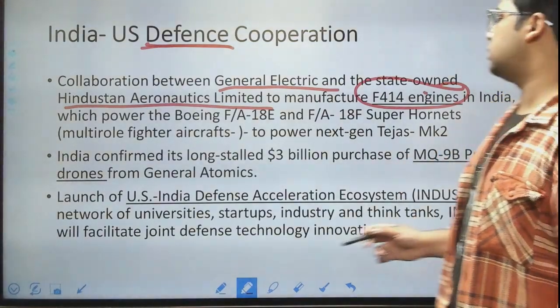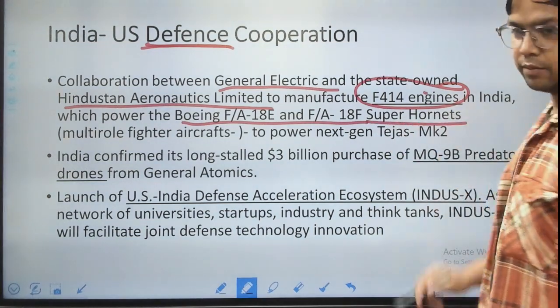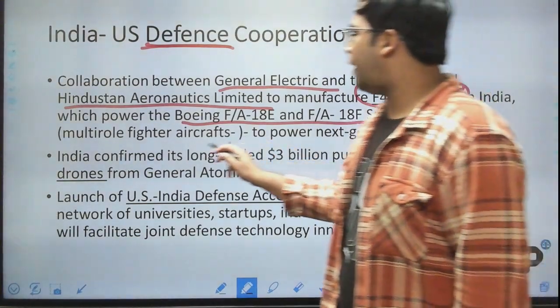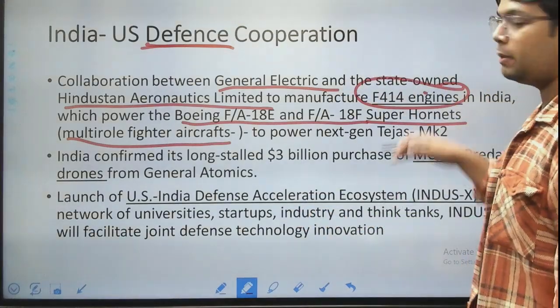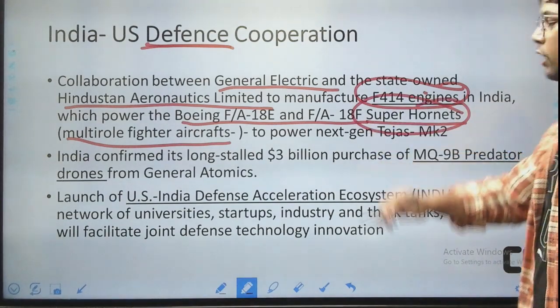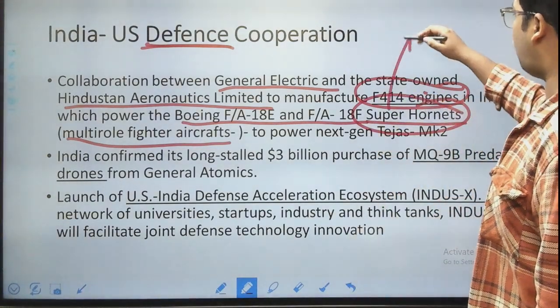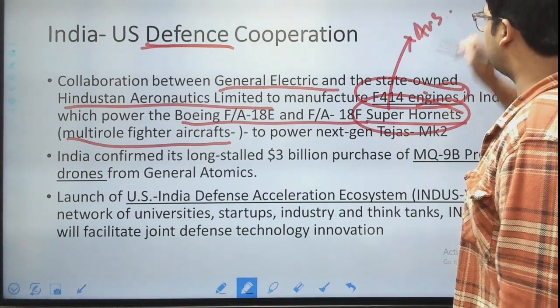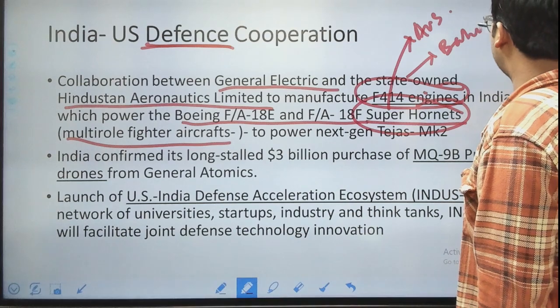First, because there are two Boeing aircraft, okay? These are known as the Super Hornets. These are multi-role fighter aircraft. They employ these engines, and India will be producing them, which means all the countries that have acquired Super Hornets, apart from the US, obviously. So you have Australia, which uses this aircraft. You have Bahrain, which uses this aircraft.